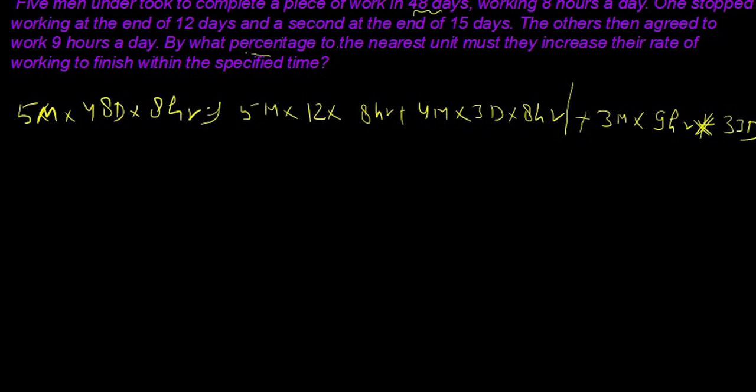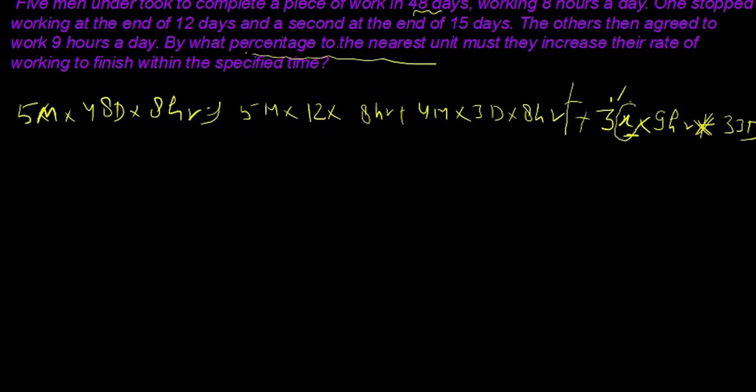So whatever the 3 people are remaining, they need to increase their efficiency. And we should write down that they are not doing the work with the efficiency or capacity of a man. Let's say their capacity is going to be x, not of m. So that x we need to calculate.